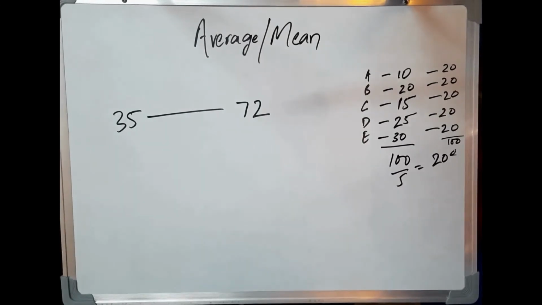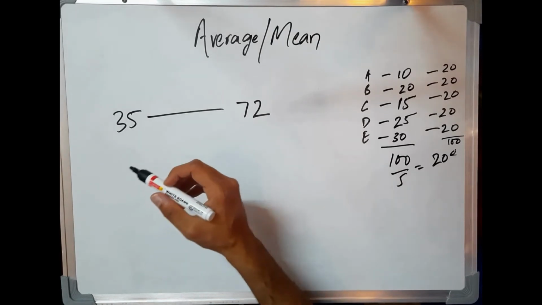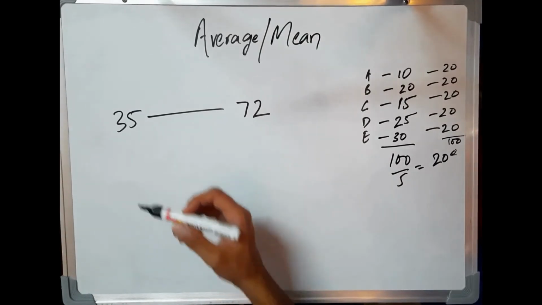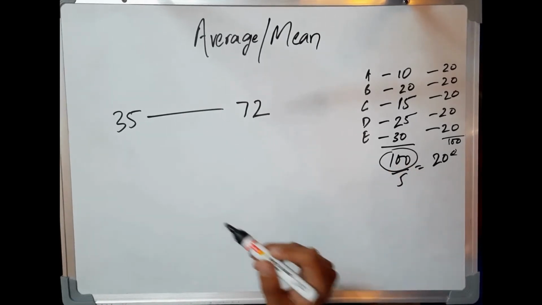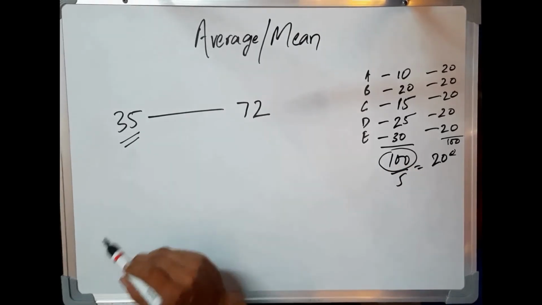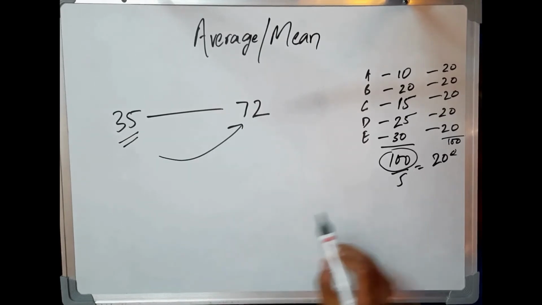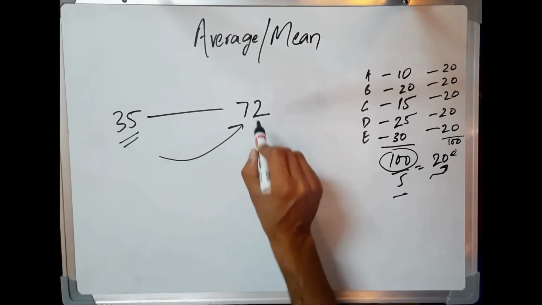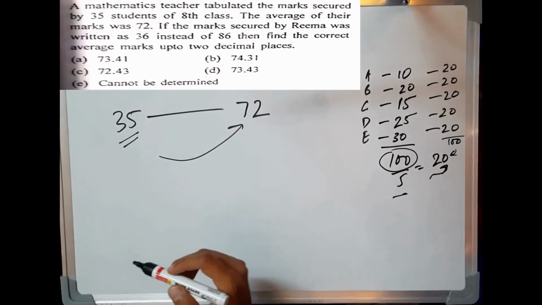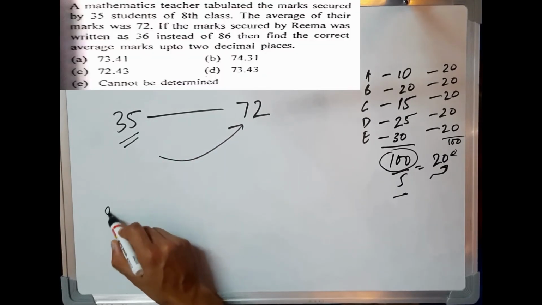That means the marks obtained by all the students will be added, just like we did in the previous case of balloons as given on the right. Now the total marks will be divided by the number of students, which is 35, in order to obtain the average, like we did in the previous case, and the average we have got is 72. Now the teacher made a mistake.